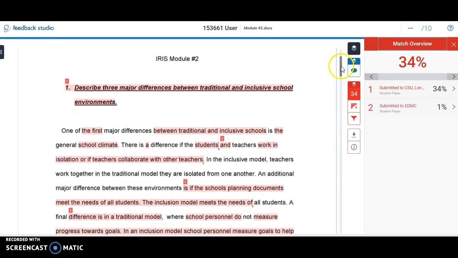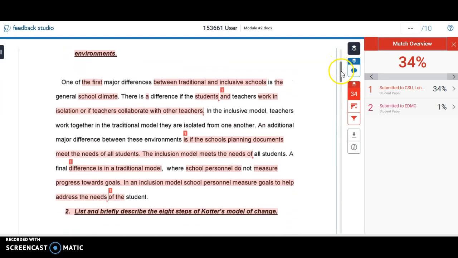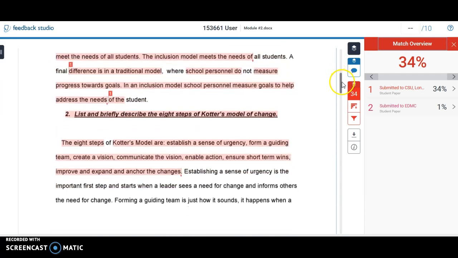So words like school, students, teachers, work, school climate, measuring progress towards goals, in an inclusive model school, personnel measure goals to keep things, etc. Then as I showed you both, list briefly the 8 steps of the college module.